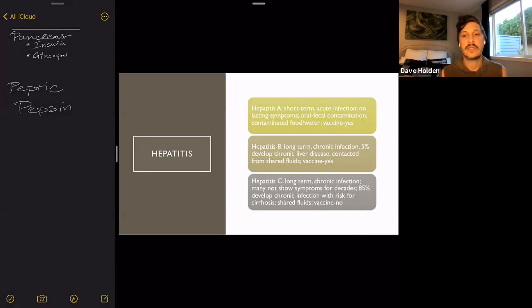Hepatitis C is the strain of hepatitis that you absolutely do not want. It is also a long-term chronic infection, but you may not show symptoms for decades. 85% of people will develop chronic infections with risk of cirrhosis. Just like Hep B, it's also caused by shared fluids, so tattoo needles, drug needles, unprotected sex. And there is no vaccine for it.